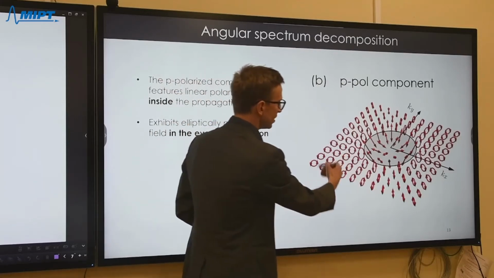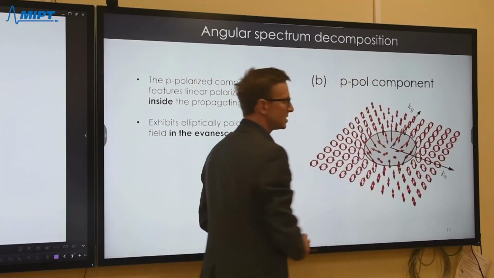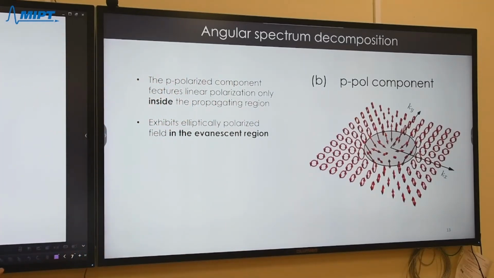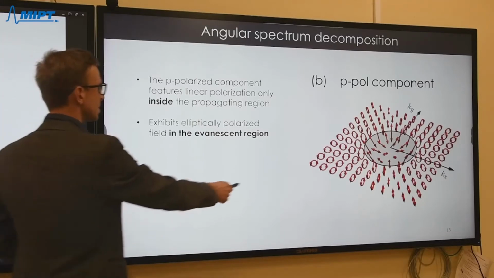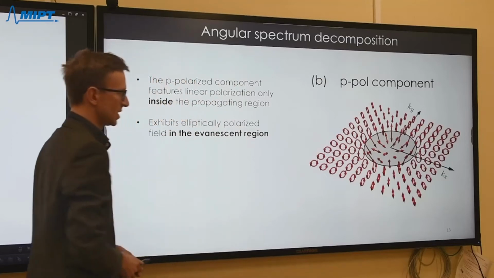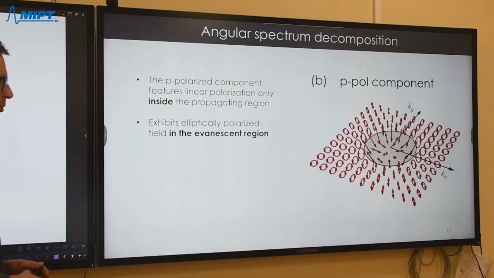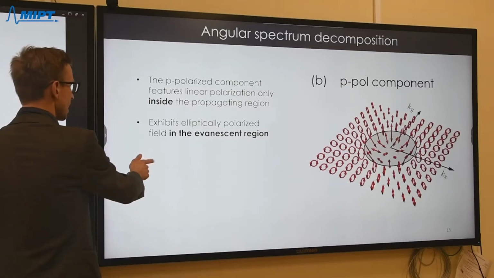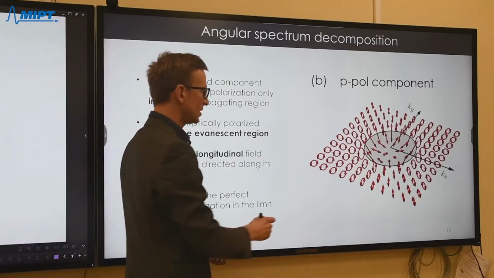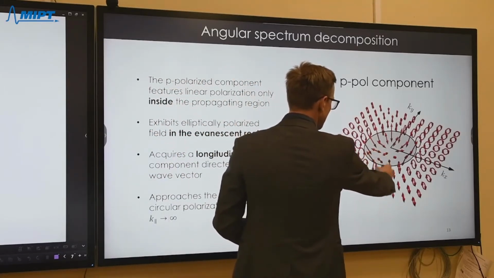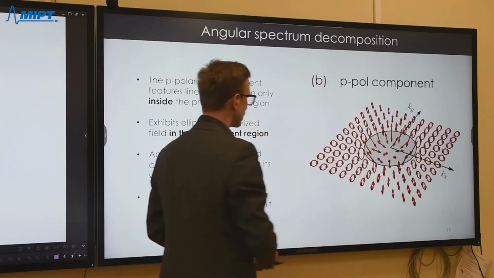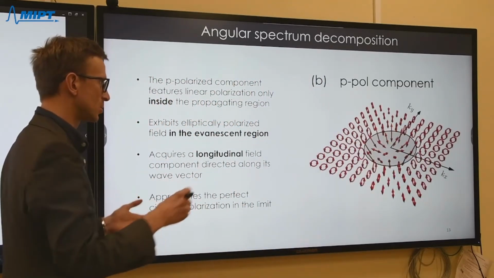This is where light becomes evanescent, and the z component of the wave vector in the angular spectral decomposition is now imaginary, and this gives elliptical, generally elliptical polarization to our P polarized component only outside the Evelt sphere, which remains linear inside. First of all, it gives a certain longitudinal component to every vector, which lies in the plane, and parallel to the wave vector.